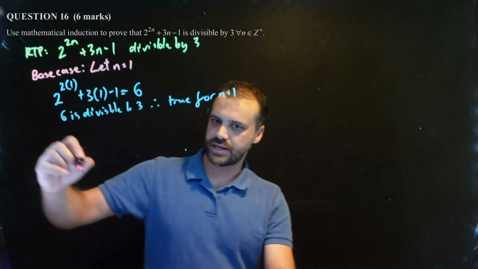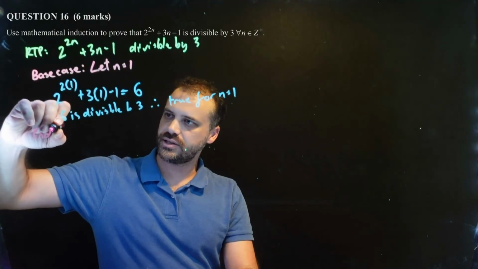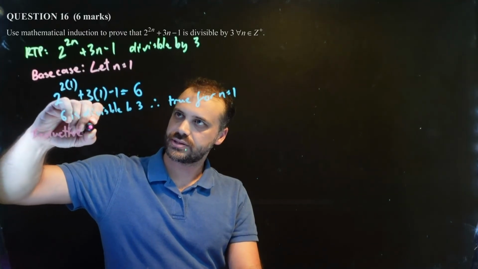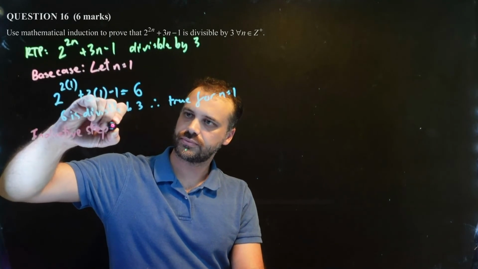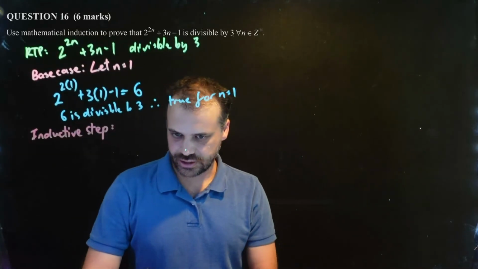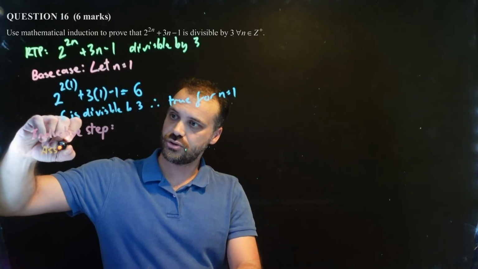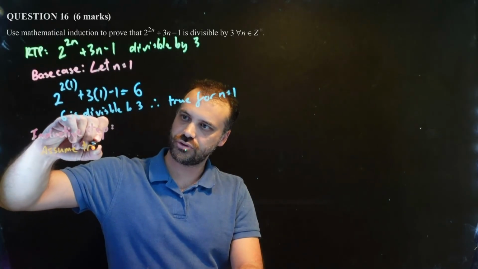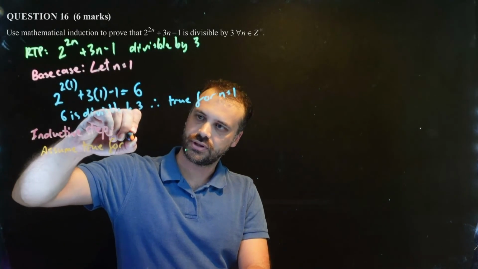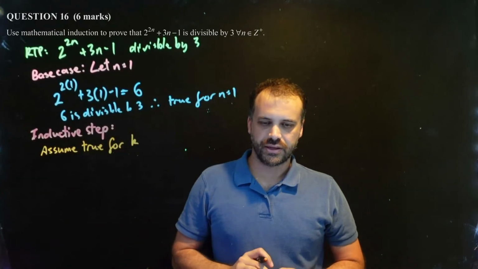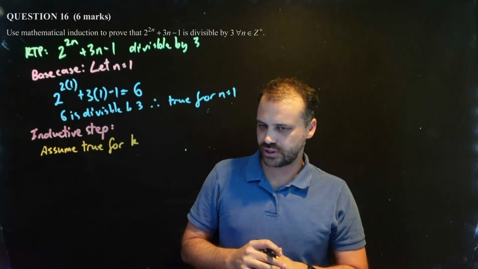So now that we've done our base case, let's do our inductive step. All right, so our inductive step starts by assume true for k. Now, how do we assume that it's true for k?